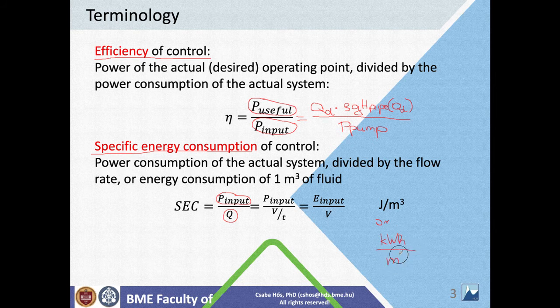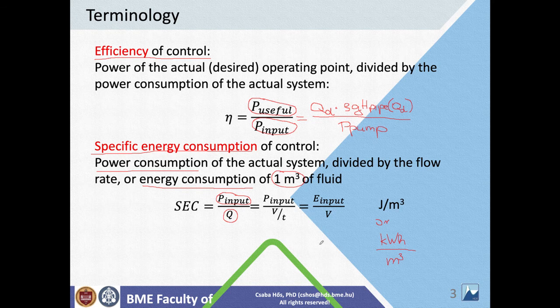So this simply means that specific energy consumption is the power consumption or energy consumption that was needed to convey 1 cubic meter of fluid into the system.